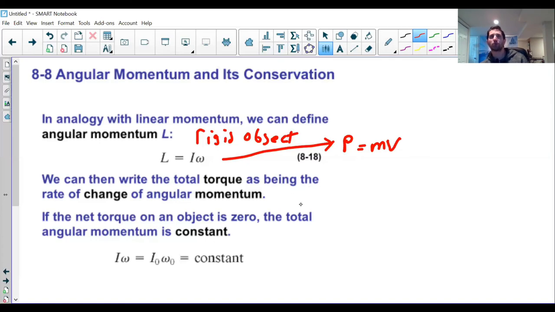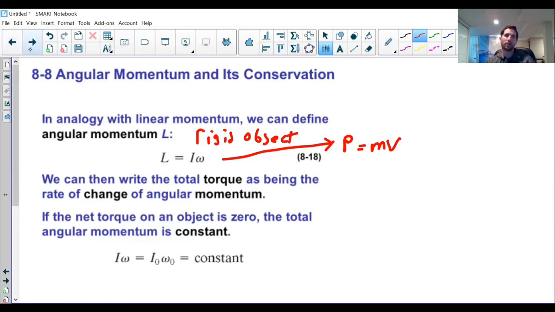And if there is no net torque acting on an object, then that means the angular momentum doesn't change. This is the whole thing you saw with the ice skater video. If you think back, the figure skater, we're going to talk a lot about this idea. This is a fundamental law of physics. This is the law of conservation of angular momentum. We're going to get into this in quite more detail in the next few days, but this is just kind of an introduction to it.